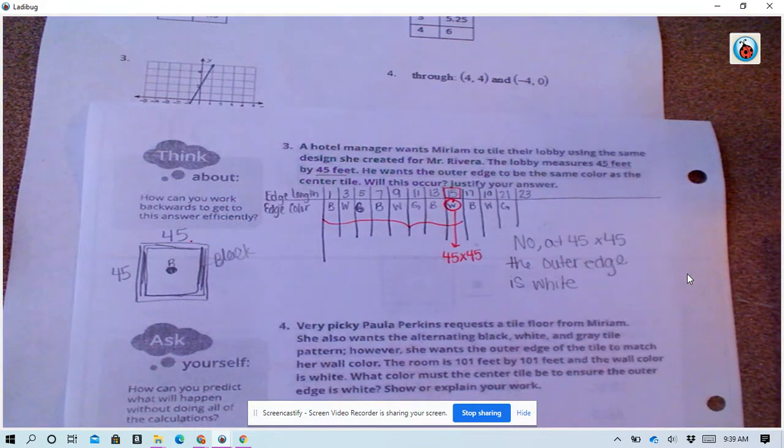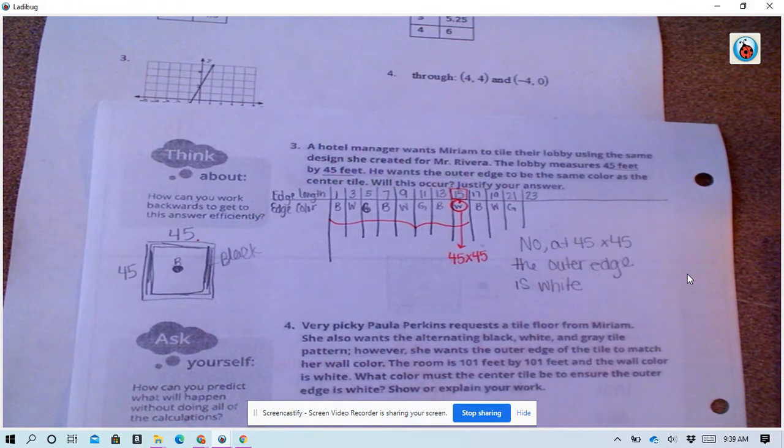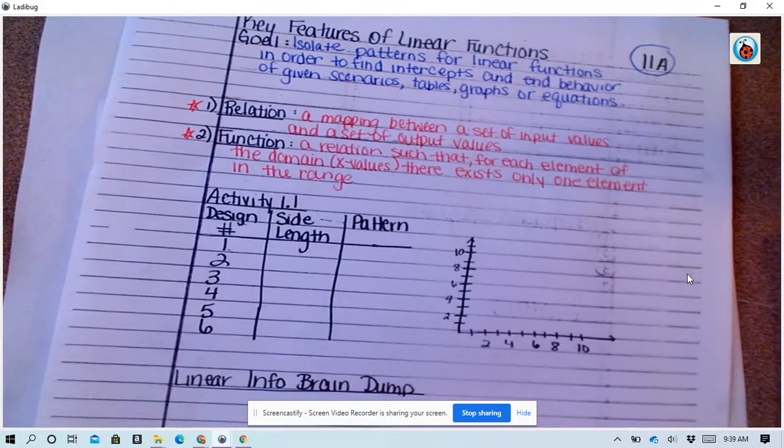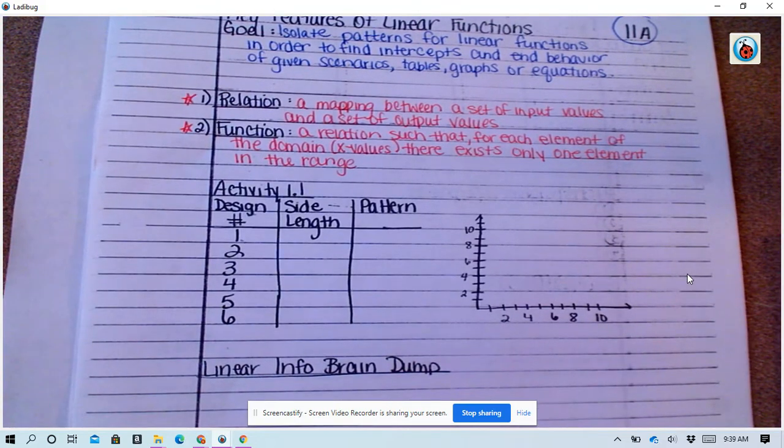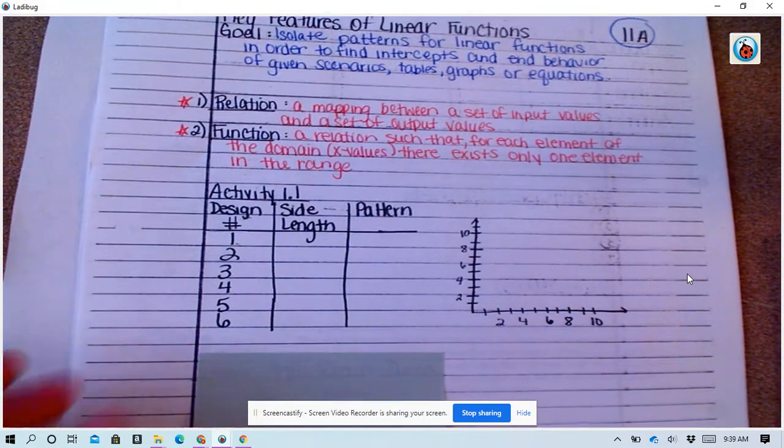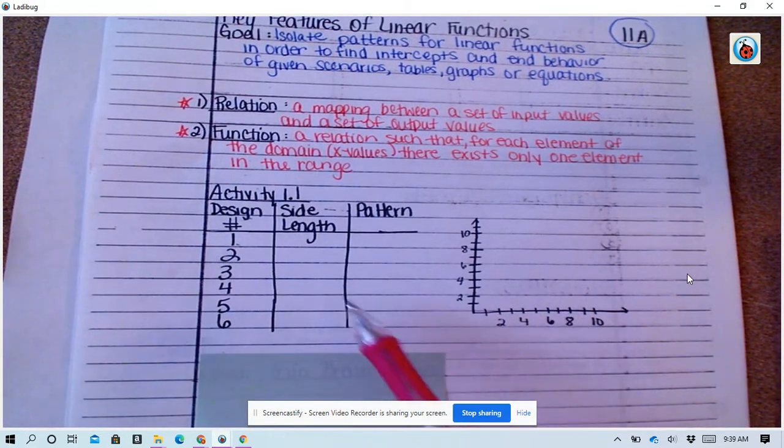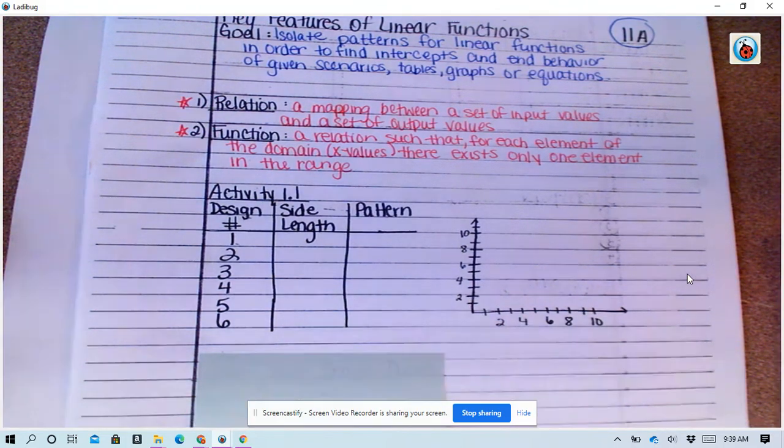And then I got to thinking that was a whole lot of work just to figure out a tile pattern. So that's where we're going to make a table and a graph and see if we can write an equation. So back to your notebook paper, underneath your definitions, go ahead and draw that table with that graph. This table, you're going to want the whole thing.